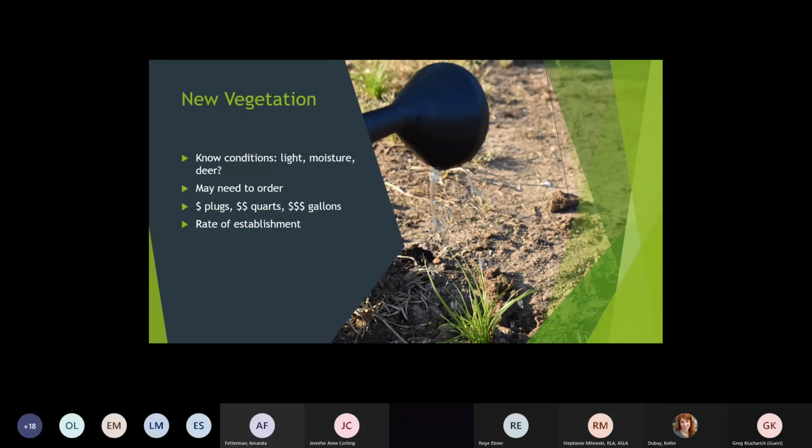The nursery I used, plugs were about $2, quarts were about $5, we're talking quart-size plants, and gallon-size plants were $8 to $10. So it's true that larger plants are more expensive. However, they also establish faster and propagate faster. So you've got to decide your priorities. Our priorities were for economy, and so we primarily used plugs.